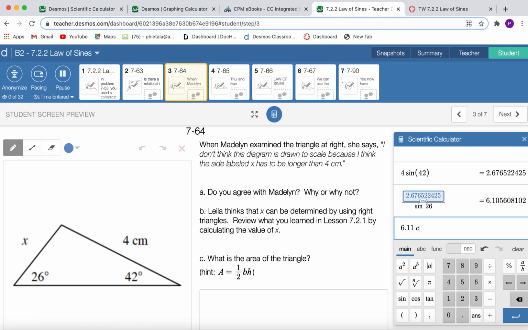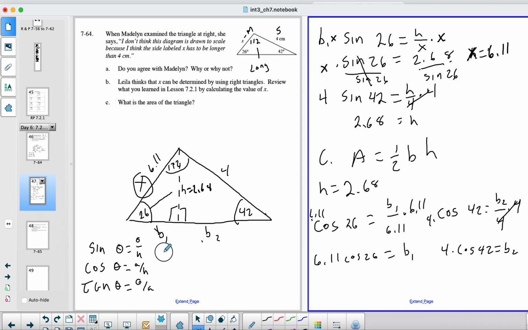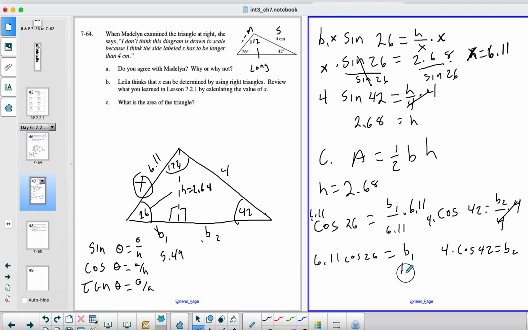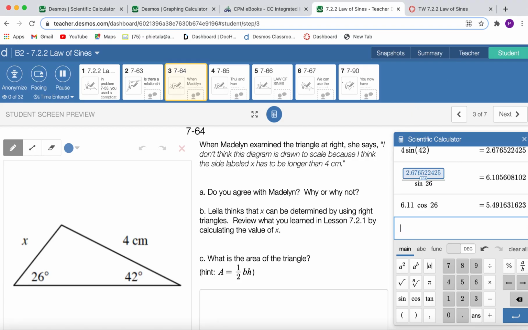6.11 times the cosine of 26 is 5.49. Four times the cosine of 42, we get pretty close to 3.